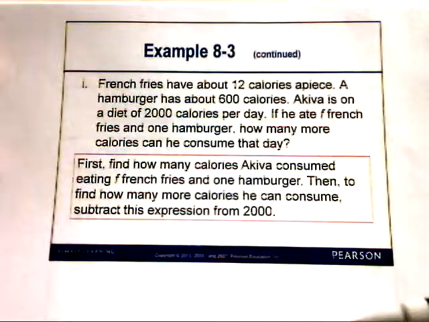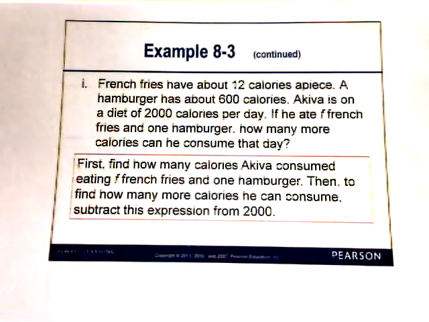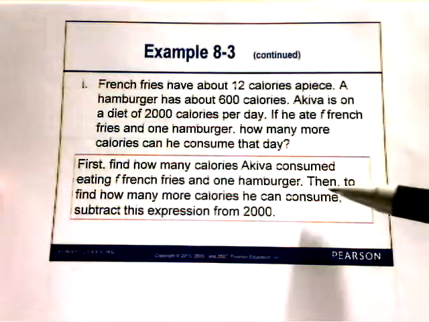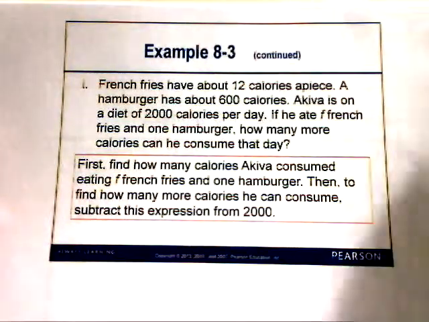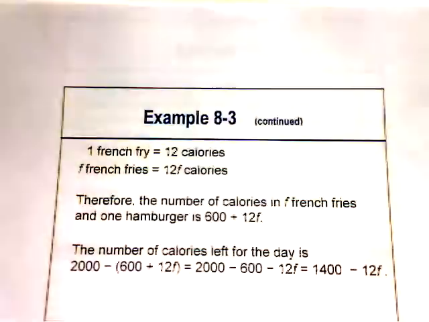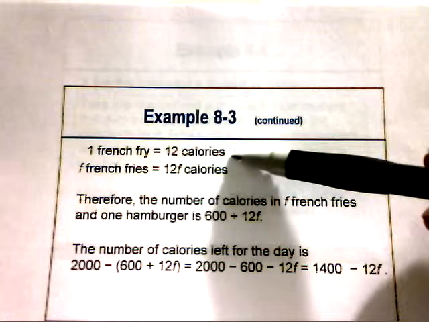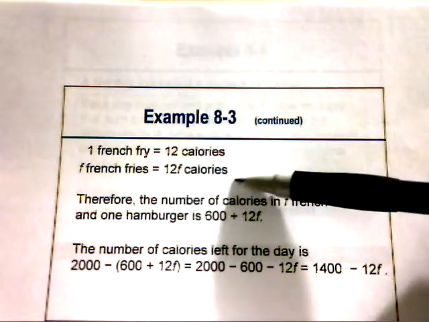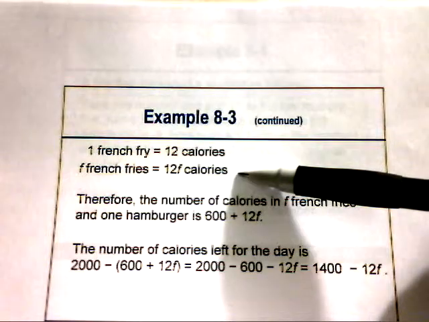All right, in this case here, we want to find out how many calories Akiva consumed eating F French fries and 1 hamburger. And then we're going to find out how many calories he can consume by subtracting this expression from the 2,000. Since 1 French fry has 12 calories, F French fries has 12F calories.